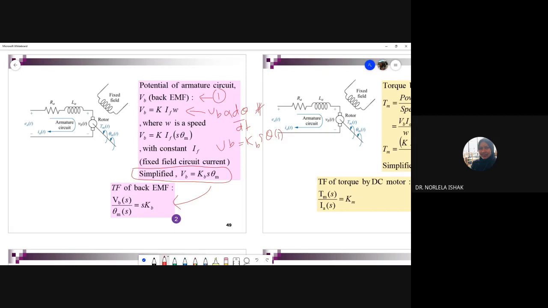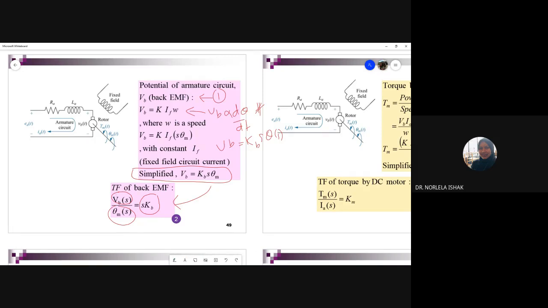So of course we write VB proportional with d theta over dt. So VB is our output, and then the input is the speed, right? This is your speed, and this is the gain constant for the DC motor.